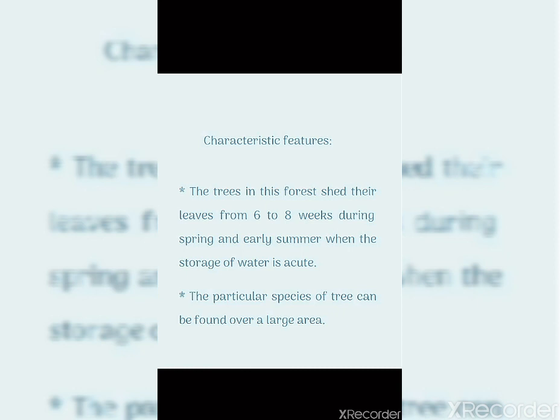These trees are found in a large area, meaning a single species of trees is found in a large area. They are not much dense. The trees found in this forest are hardwood trees and they also have broad leaves like the evergreen trees.